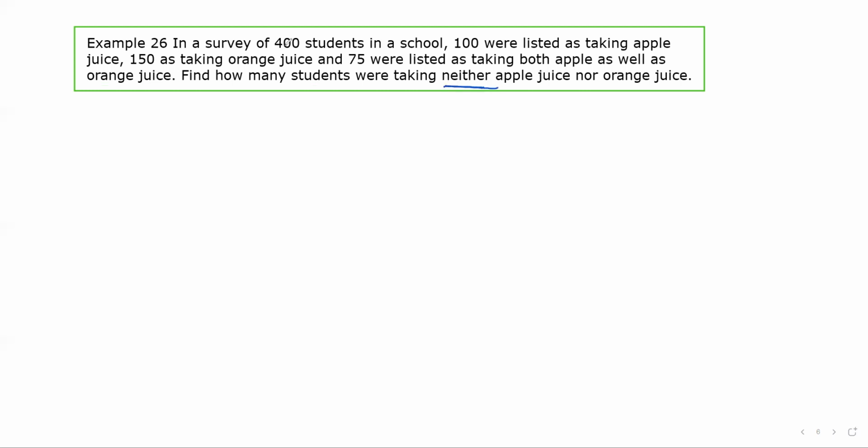That means there are some students out of these 400 students who are not consuming either of the two juices, which means this 400 is now the number of the universal set. It's not the number of A union B. Let A be the number of students who take apple juice and B be the number of students who take orange juice.